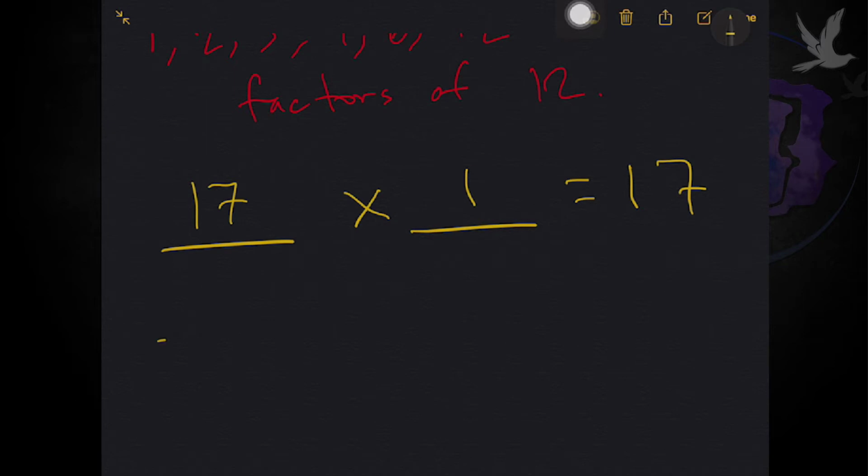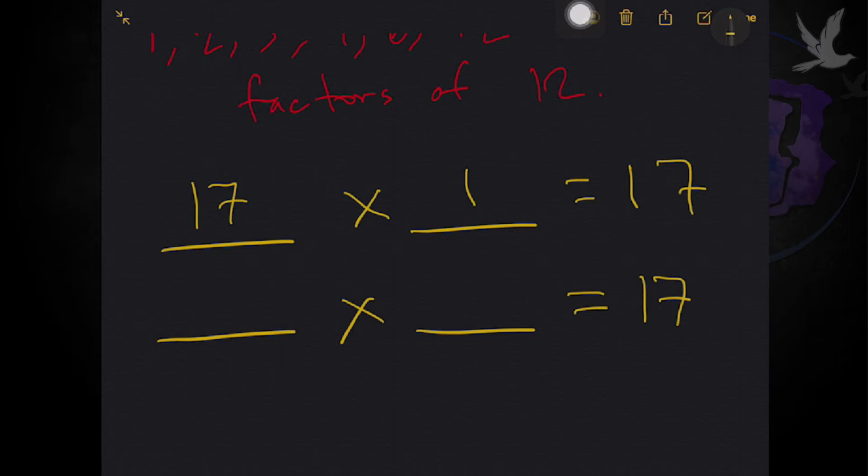Okay, try to find other factors of 17. Think. Okay, so I hope that by now you have realized that there's none. There are no other factors that will give you 17.